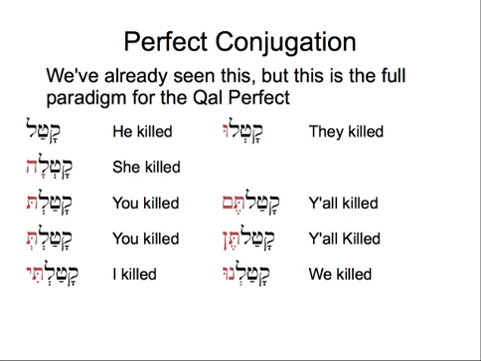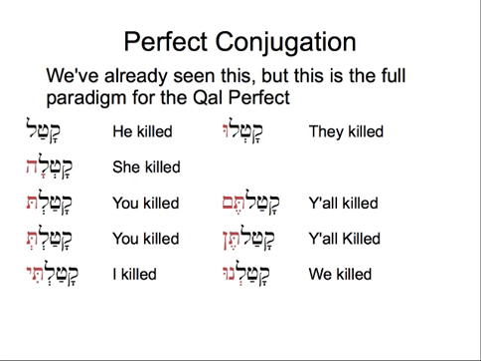Here's the full perfect conjugation that we've looked at before, but now that you know it's sometimes called a suffix conjugation, you can see why. Each of these verbs is inflected for its person, number, and gender based on the letters that are added on to the end, that is, the suffix.